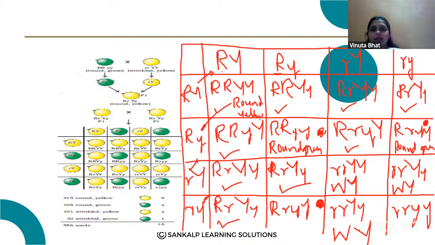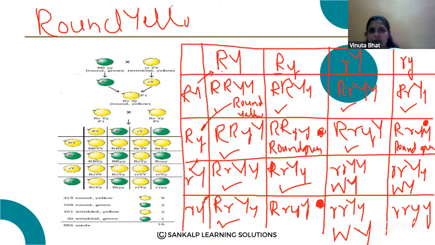Right. So here, these round yellow seeds, where I put the right mark, just count 1, 2, 3, 4, 5, 6, 7, 8, 9. Total round yellow seeds are 9. That ratio you have to mention.